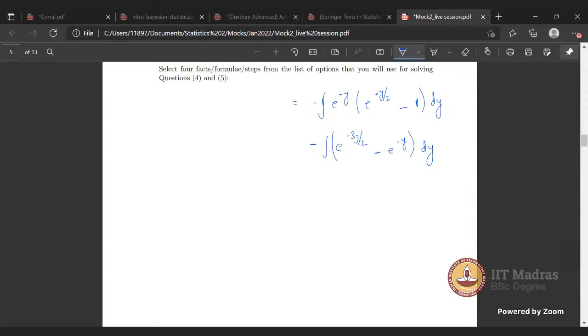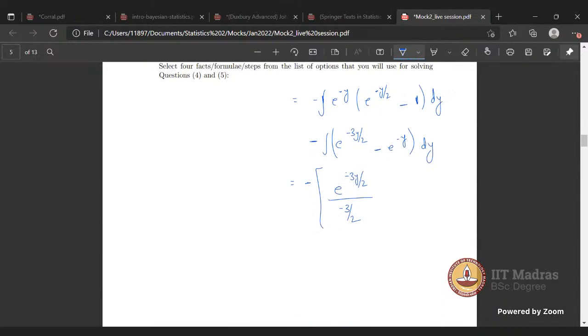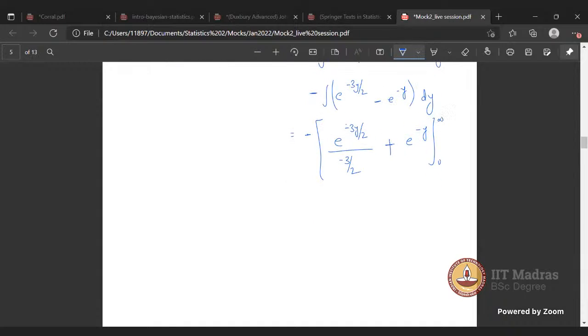If I integrate this, I will get e to the power minus 3y by 2 divided by minus 3 by 2, limits 0 to infinity, minus e to the power minus y divided by minus 1, so plus, limits 0 to infinity. So this will go minus 3 by 2, so minus 2 by 3.